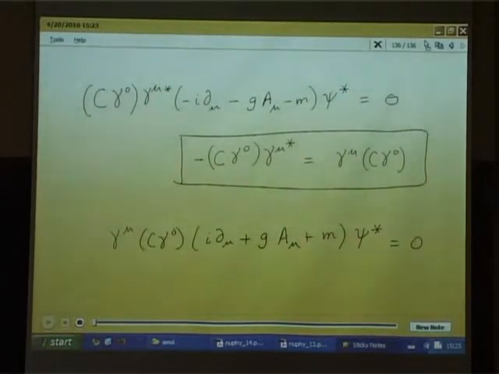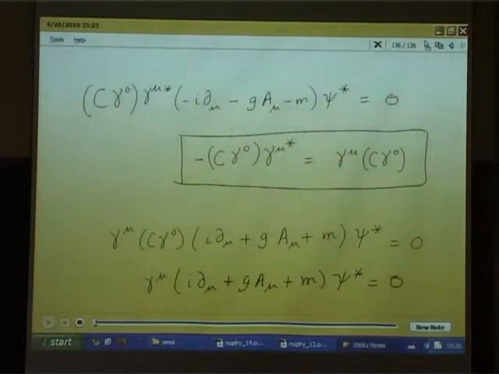Now let me see what happens. Then I can pass the gamma 0 inside, so I can have gamma mu times i del mu plus g A mu. I should not have written down this m here.